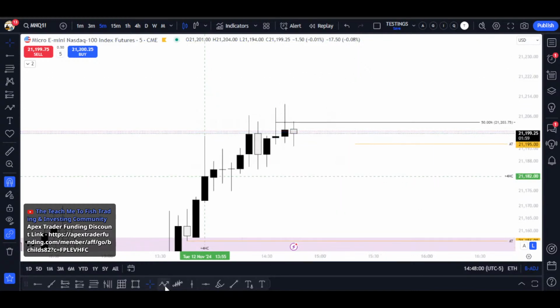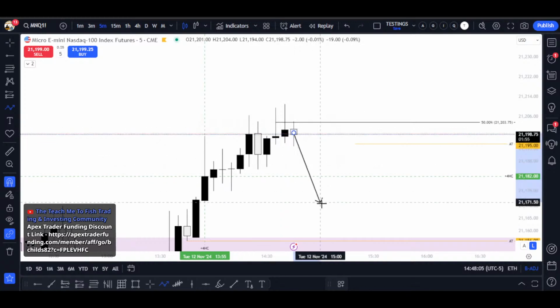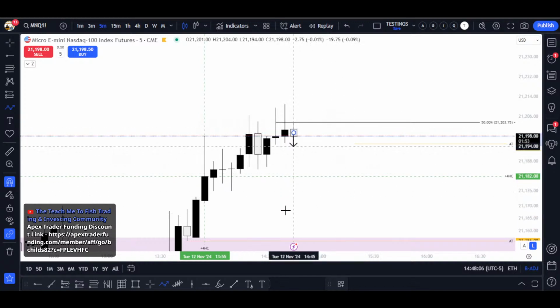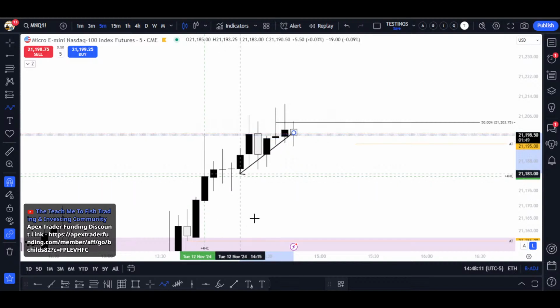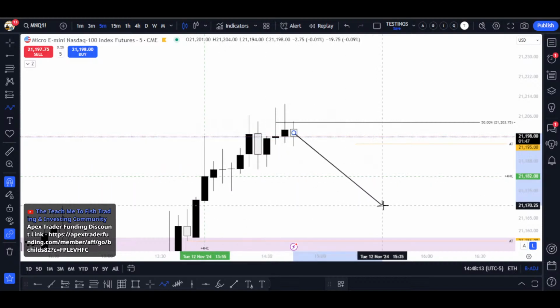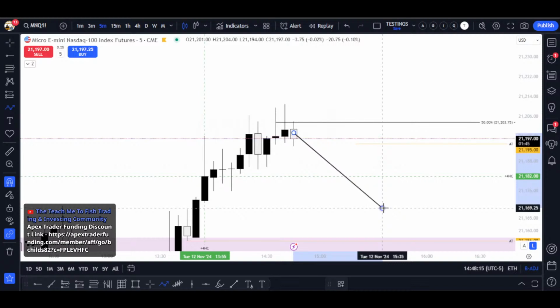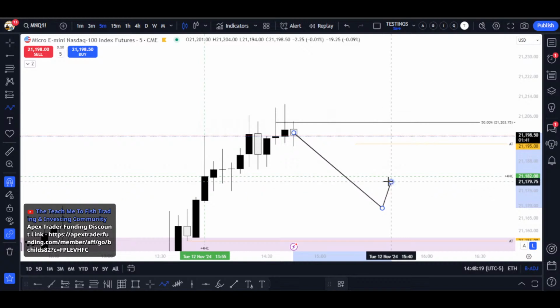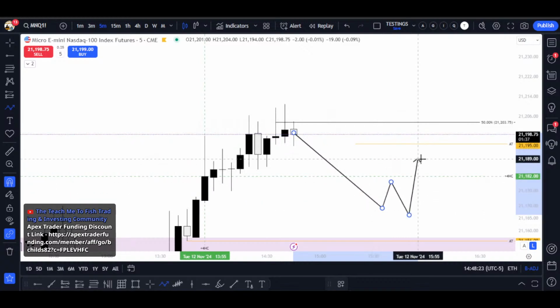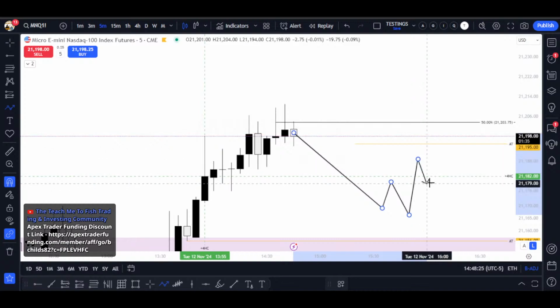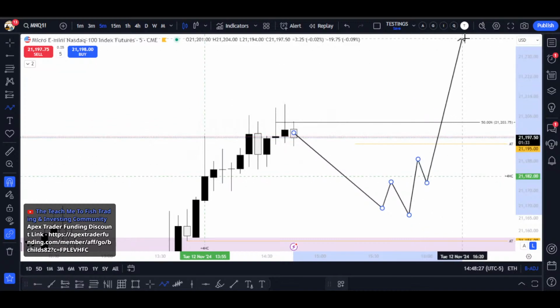What I was trying to draw out at the time: see price come down below, maybe tap into this 5 minute fair value gap, give us something like this, and we'll take it up to the TP there.